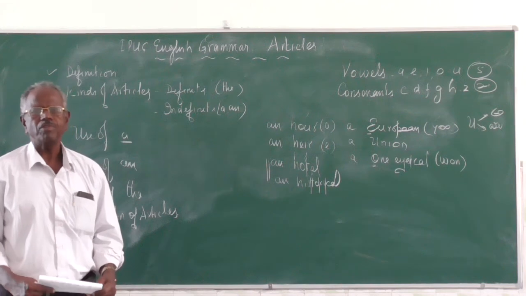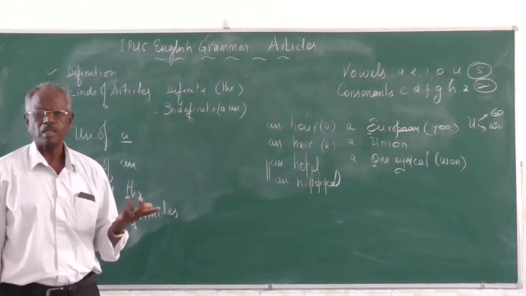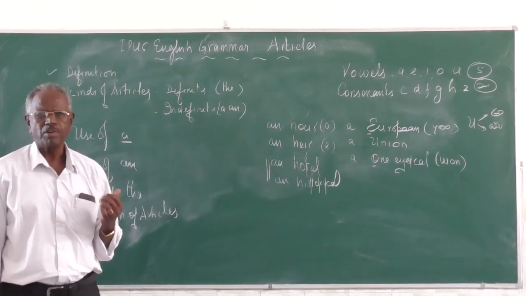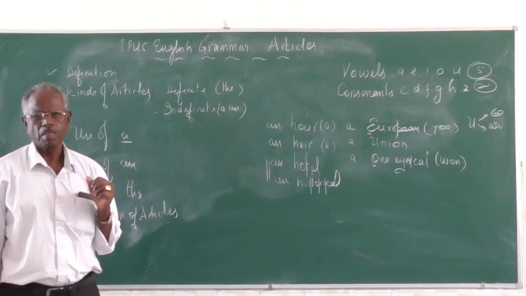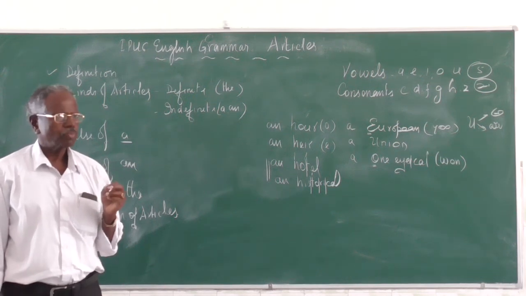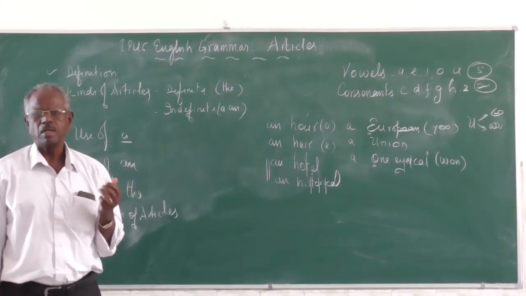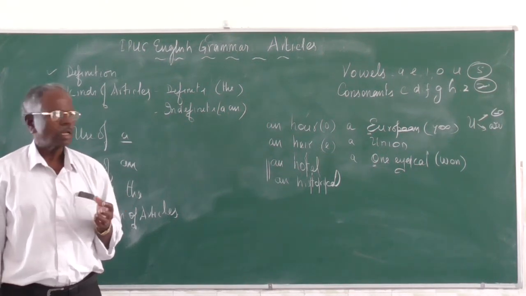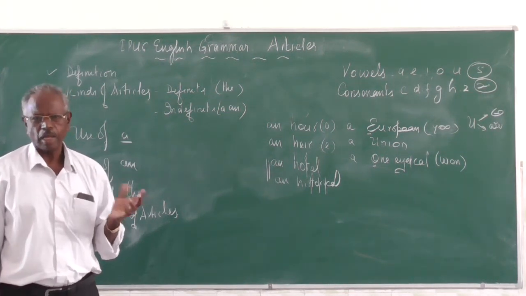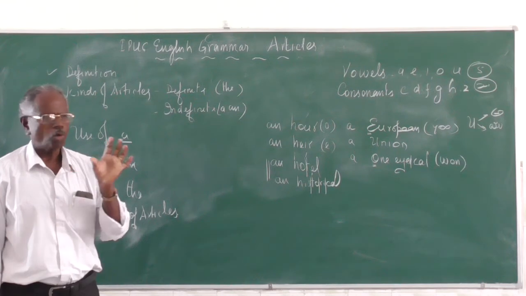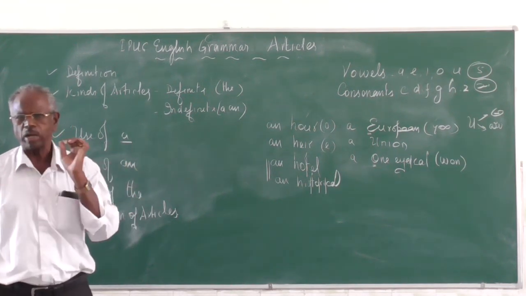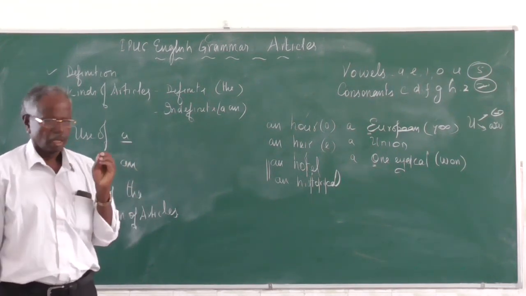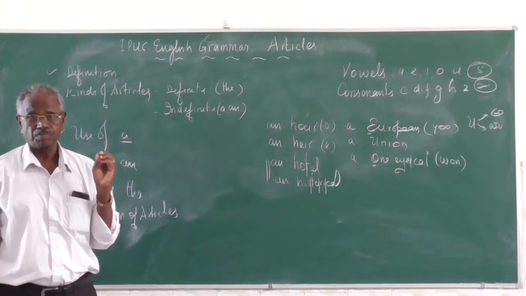Then before names of religious books, then before names of groups of islands. Then before names of rivers, oceans, mountains, gulfs and all. Then before comparatives, I give you some examples. The more you read, the higher marks you get. Then lastly, before superlatives.